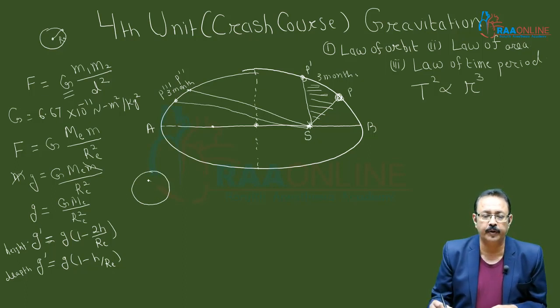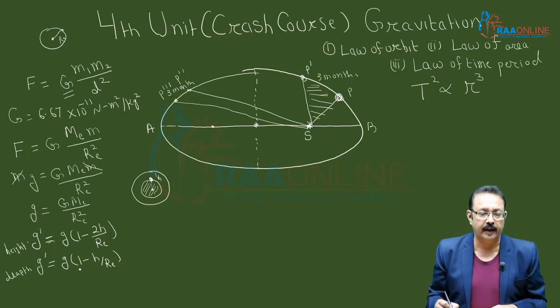So when we are going inside the earth, we are not on the whole earth now. We are only on a small part of the earth. At h depth, you are not standing on the surface of the earth. So we have to consider the mass of this portion only. Since the value of mass is reduced, the value of g will decrease, and it will decrease in this manner.